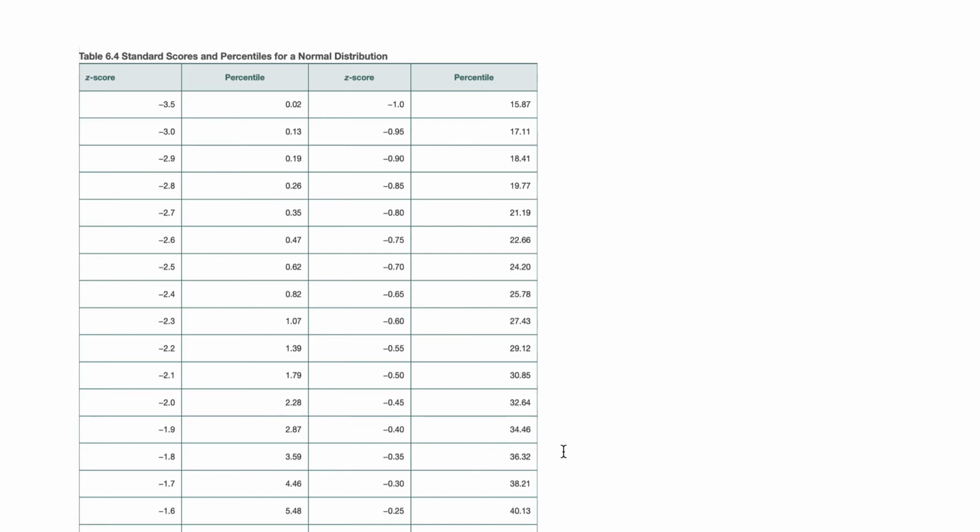And where is it? All right, it's right here. -0.8 is at a percentile of 21.19. So that's what that's saying, is that 21.19% of the time the temperature would be less than 42 degrees.